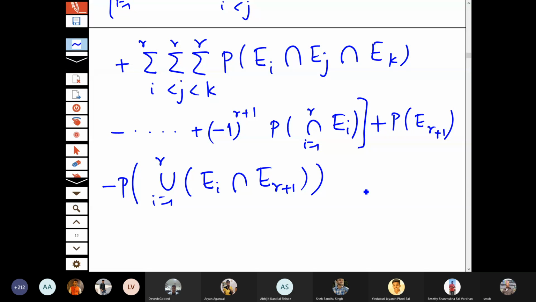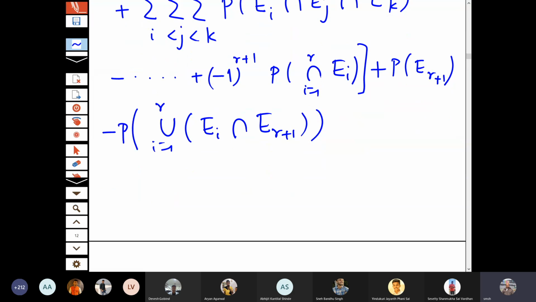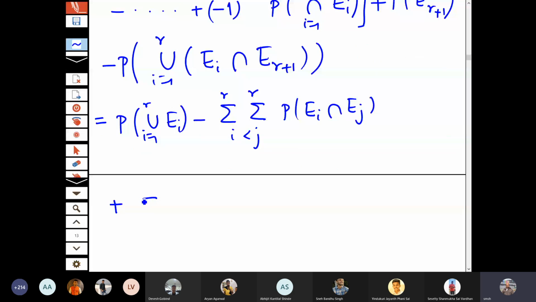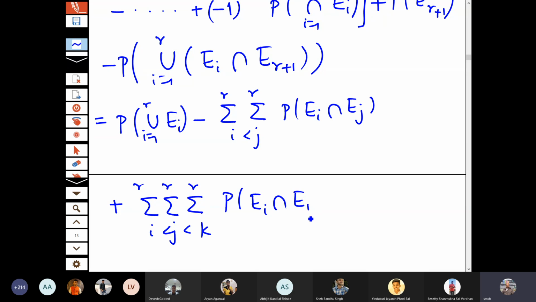So then this is equal to probability of union Ei, i equals 1 to r, minus double summation probability of Ei intersection Ej, i less than j up to r, then i less than j less than k up to r, Ei intersection Ej intersection Ek and so on.